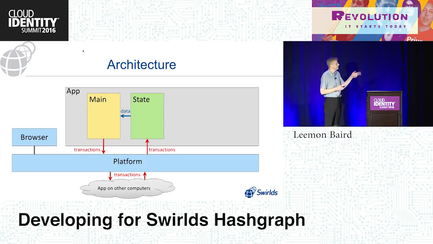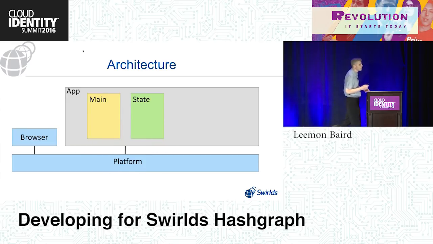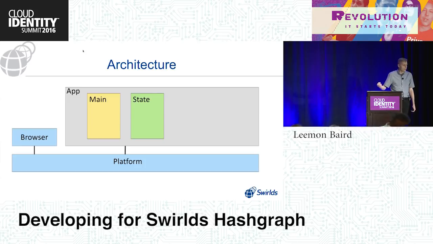And that's the state. The state remembers whatever's in your program that's supposed to be the shared state that we're getting consensus on. So for a distributed session management system, the state is the list of current sessions.